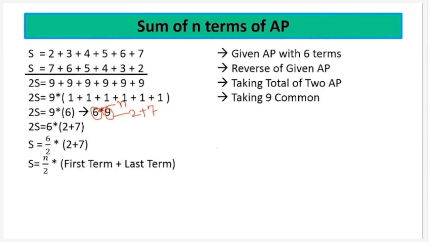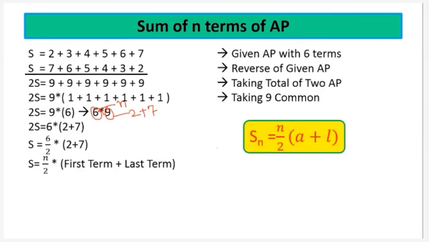It is written as Sn, S for sum: sum of n terms is equal to n by 2 in bracket a plus l. What is a? a is the first term. This is not 1, this is l. l is the last term.